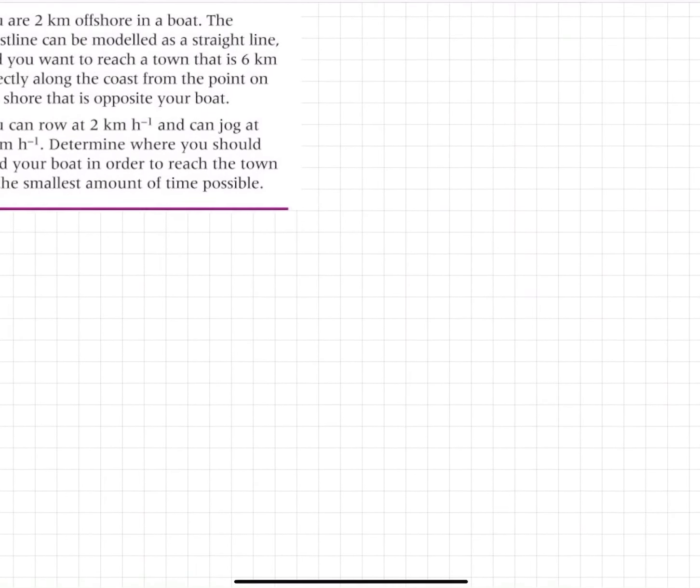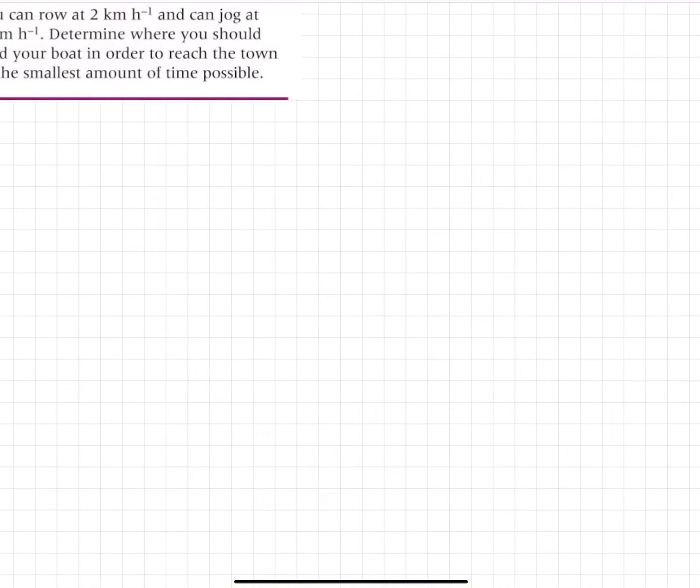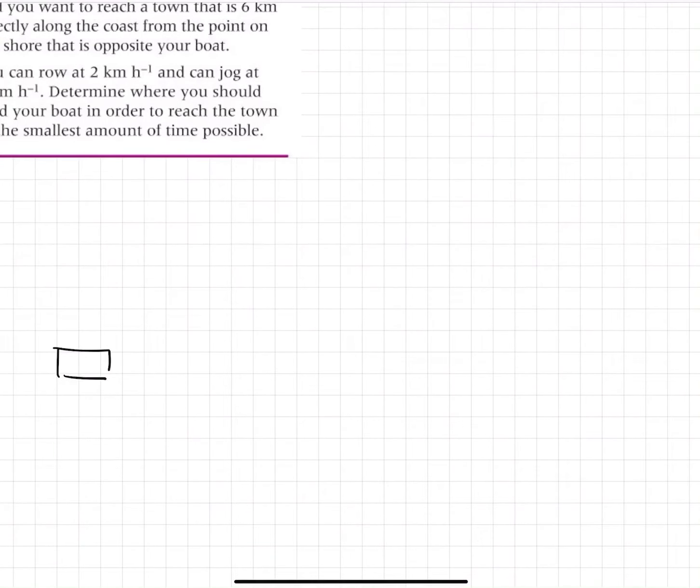The second question I kind of want to touch on is this one, because it's a bit more abstract. So I'm going to draw this one out, actually. So we start off 2 kilometers offshore in a boat. So I'm going to draw a boat. So let's say this is my boat, and it says that I'm 2 kilometers offshore.